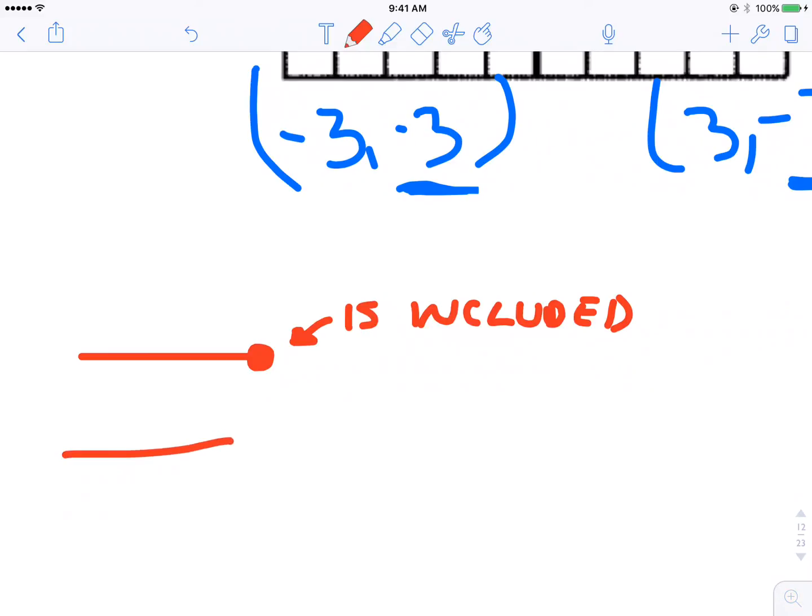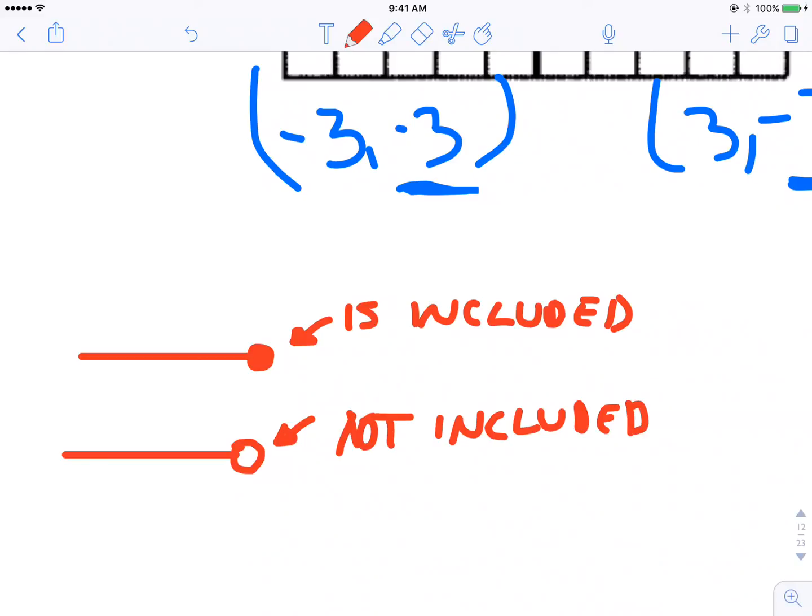If I have a line that goes to an open dot, that means whatever that value happens to be is not included. Which means whatever it is, x or y, can get infinitely close to that, but not be that. Okay? When there's a closed dot, you're going to use less than or equal to, greater than or equal to symbols. When there's an open circle, it's just going to be less than or greater than.